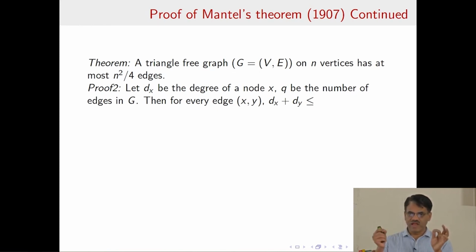So how many edges can go out of xy to the remaining? We already saw this. So totally there are n vertices. So n minus 2 edges can go out, plus you have to count for this 2 degree, right? If you look at the degree, this is 1 degree, this is 1 degree. So totally n, right? Is that clear?